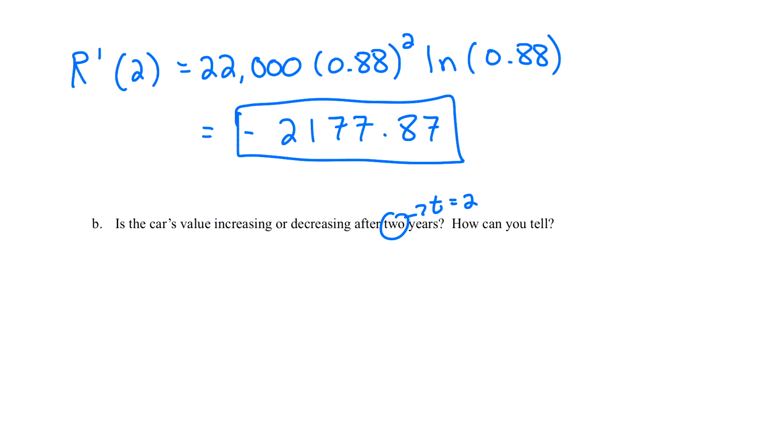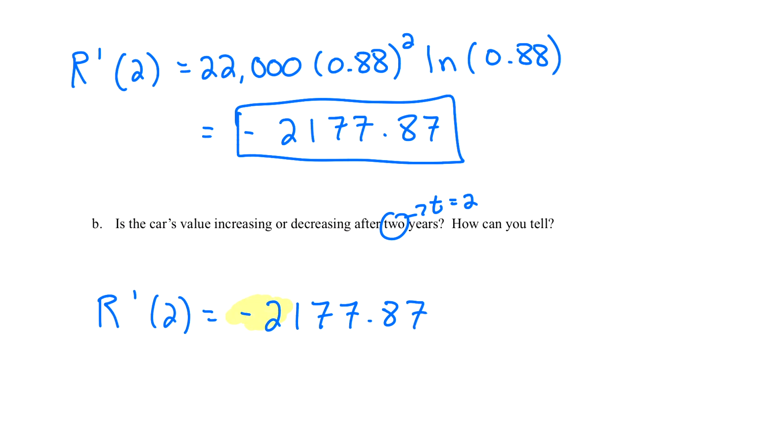So I want to look at R prime of 2. Well, we did that already in part A. We said that was negative $2,177.87.